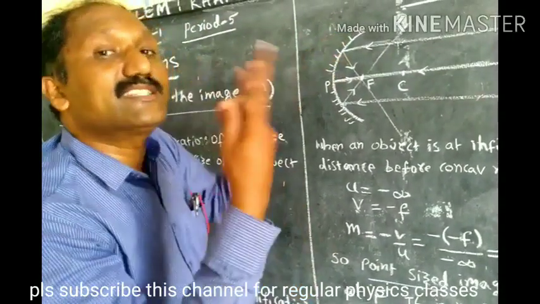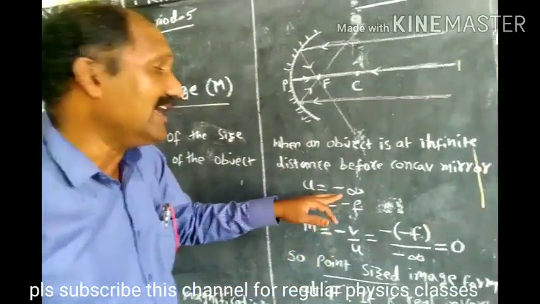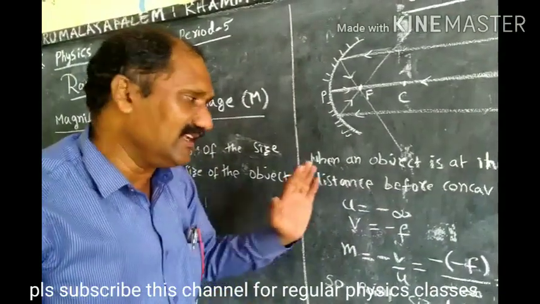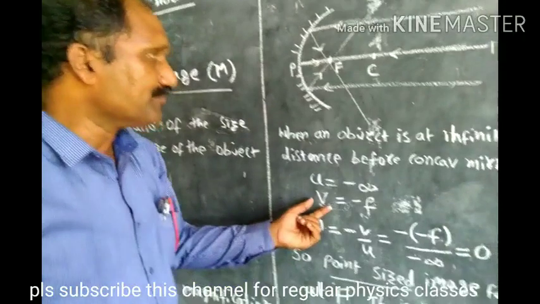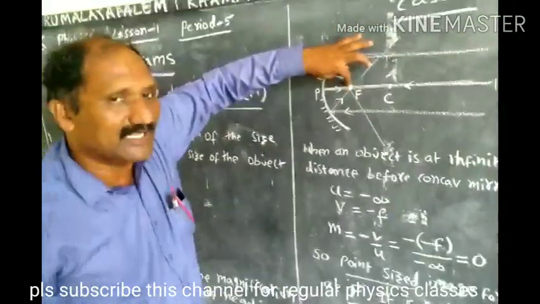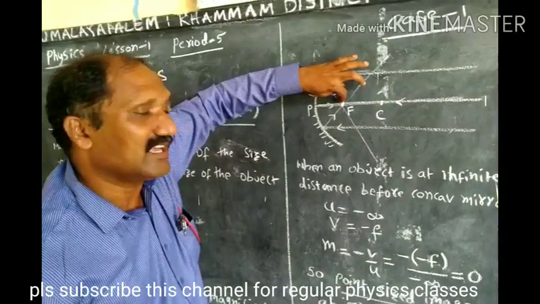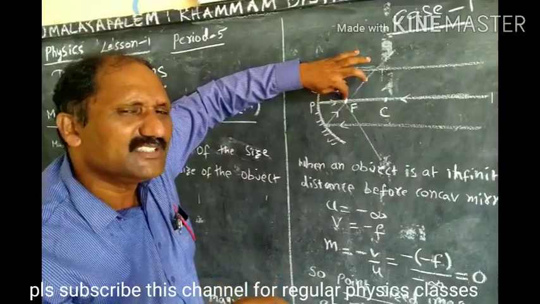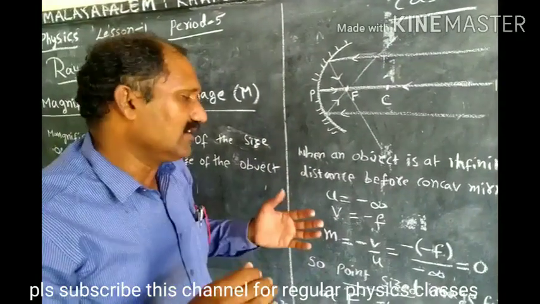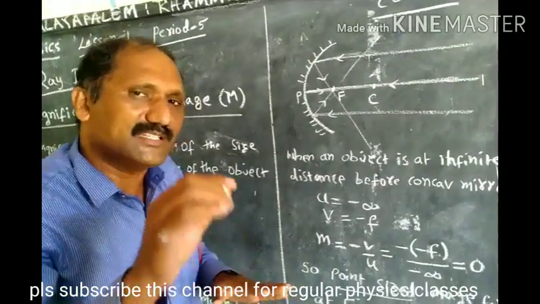That's why it gets a negative value. That's why it is minus infinity. Again here the image is formed at the focal point, that is the focus. Simply saying it is of zero size. Actually it is not zero size, we call it point size.